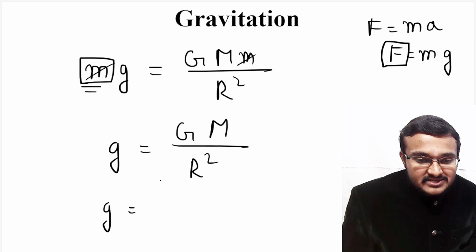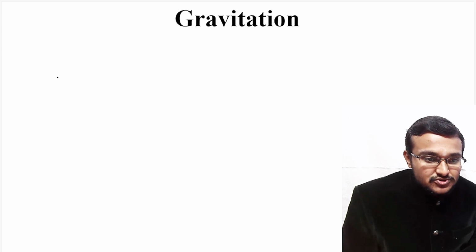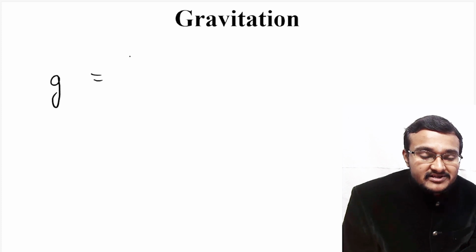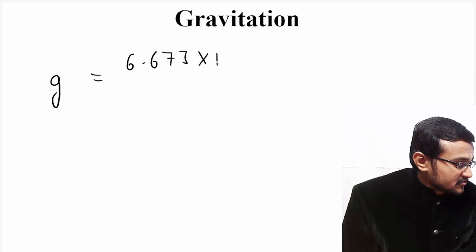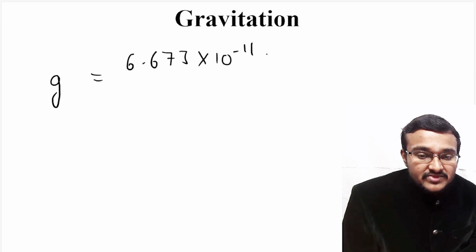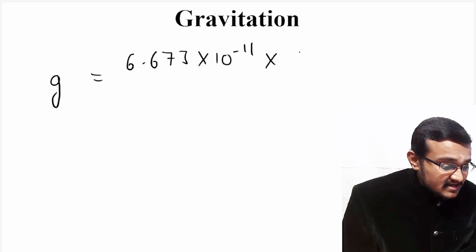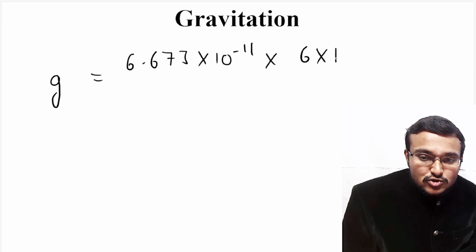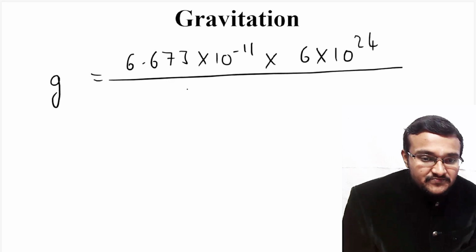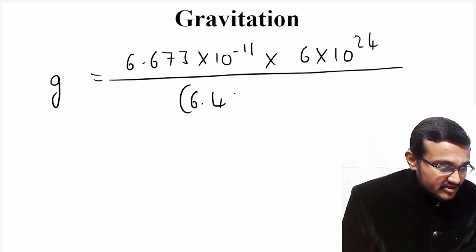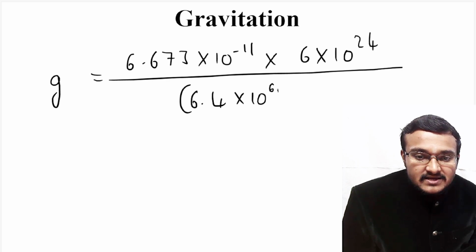Now we know what the value of g is. Small g will be equal to capital G, the gravitational constant, which is 6.673 into 10 power minus 11, into the mass of Earth, calculated to be 6 into 10 power 24, divided by the radius of Earth, calculated to be 6.4 into 10 power 6 meter, whole square.